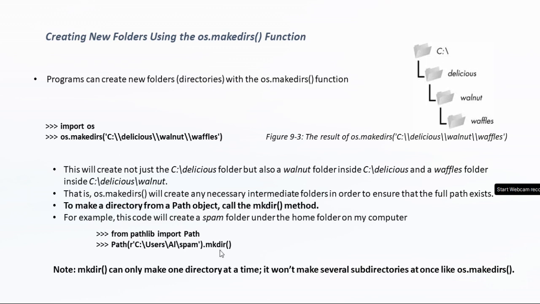But when you are using mkdir, you can create only one directory at a time. So remember this. makedirs can create a hierarchy of folders. See, I didn't have a folder called delicious. I didn't have walnut in my system. It's going to create everything. But mkdir, under the specified path, whatever I give, will create only one folder. It cannot create a hierarchy of folders. It will just create one.